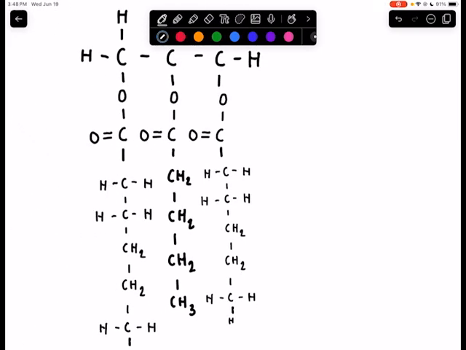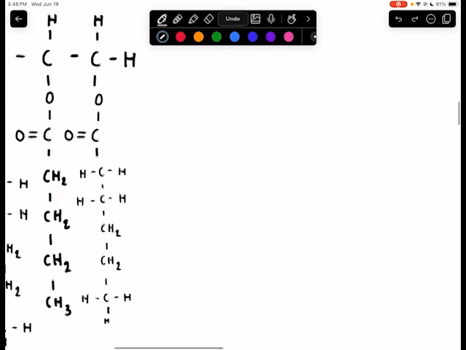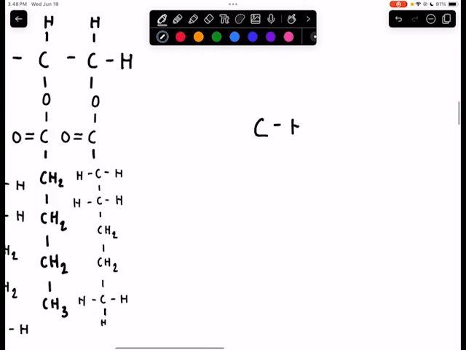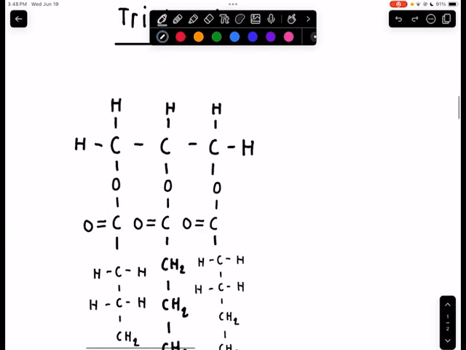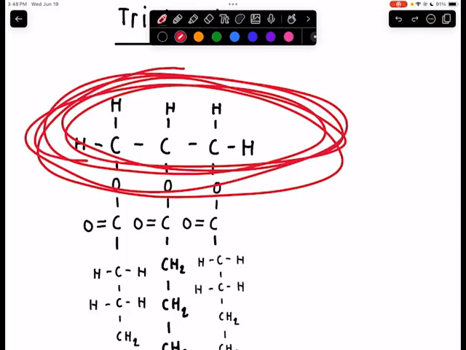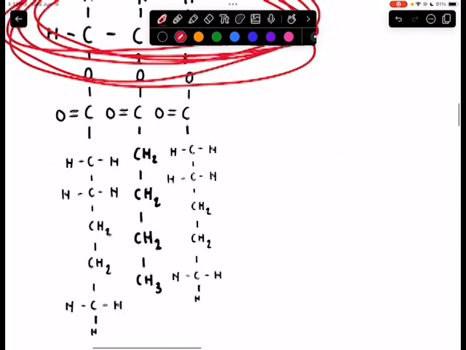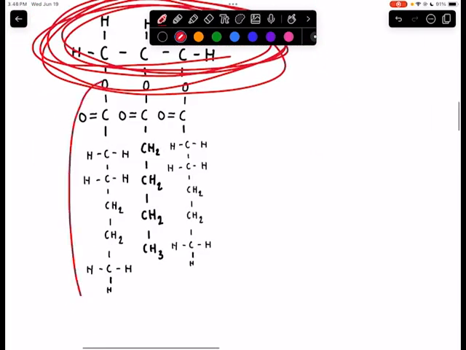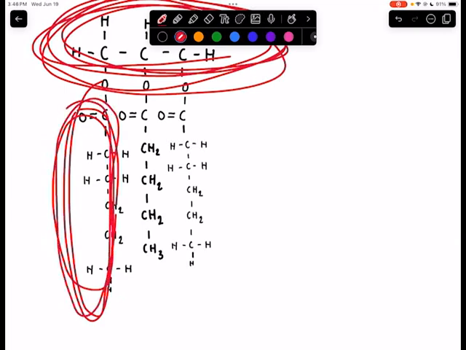Also, anytime you see CH2, it's just a carbon with two hydrogens bonded to it like that, but it's easier to write it because it saves space. So as you guessed by the name, you have this modified glycerol molecule up here, and then you have these 3 fatty acid tails down here.